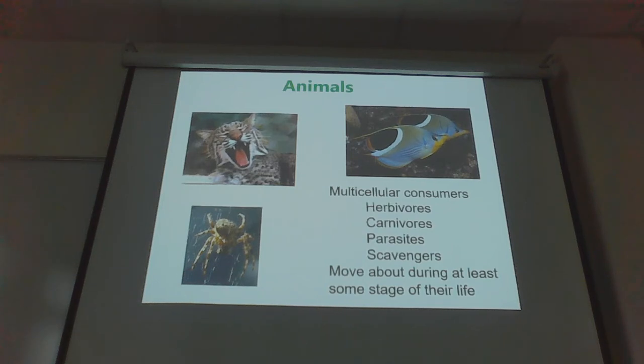Now, the other important thing to remember about animals is that animals move about at least at some stage of their life cycle. We'll see examples of the first group of animals we're going to study. They don't move. How can they be classified as animals? I'll tell you why. At least at one stage of their life, animals will move.